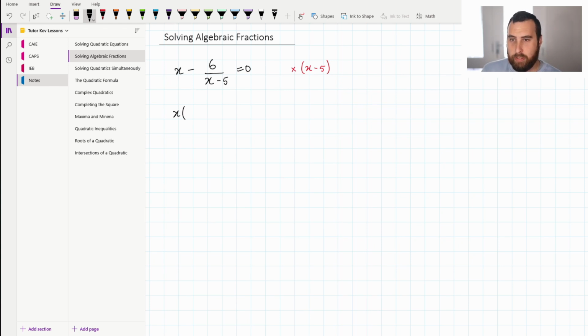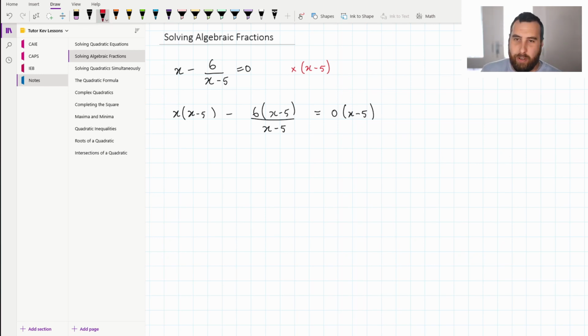We're going to get x times (x minus 5) minus 6 times (x minus 5), all over (x minus 5). Don't forget to include the denominator that you've got here, and that equals 0. Now that we've got all of our terms multiplied by (x minus 5), I could even write this 0 times (x minus 5), but I think we all know that anything times 0 is 0.